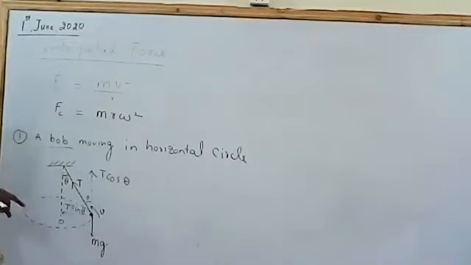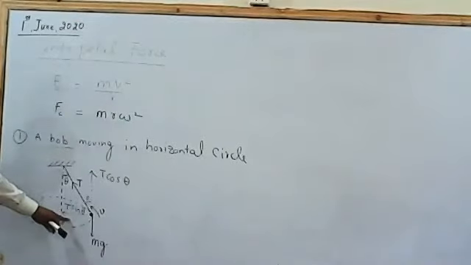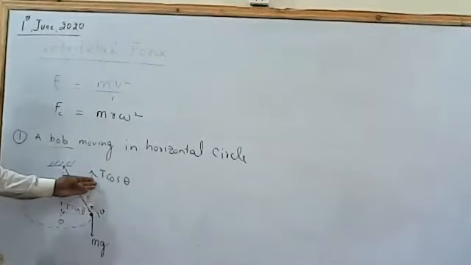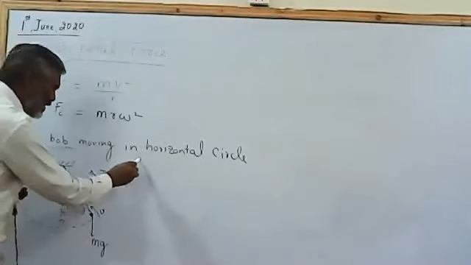Clearly, T sin theta is playing the role of centripetal force because T sin theta is that component which is directed towards the center, whereas T cos theta is exactly balancing the weight. So we have 2 equations coming up.